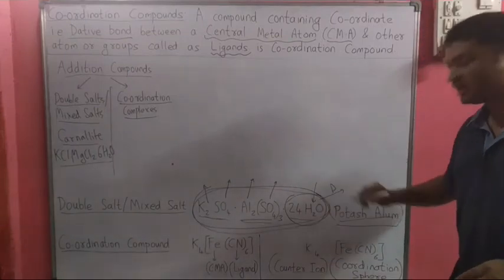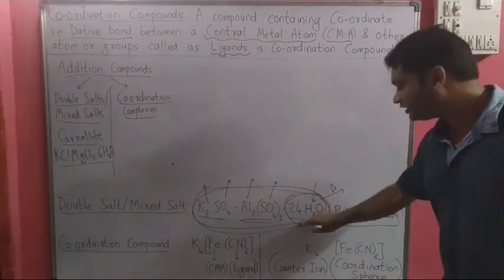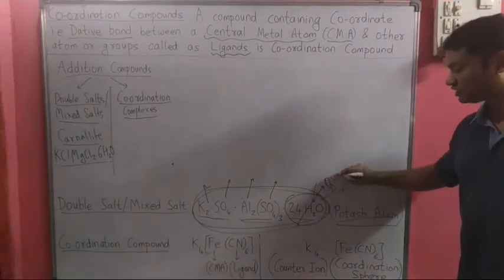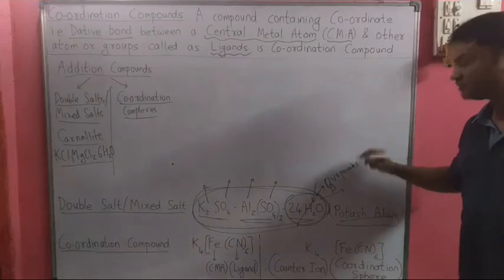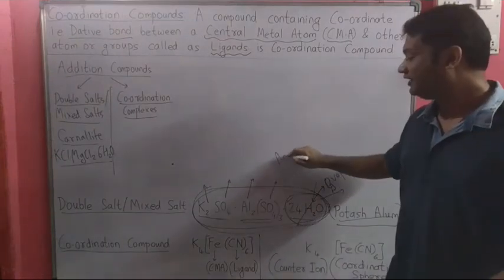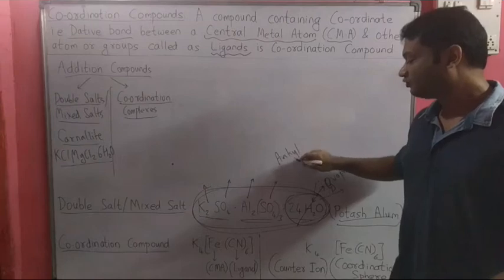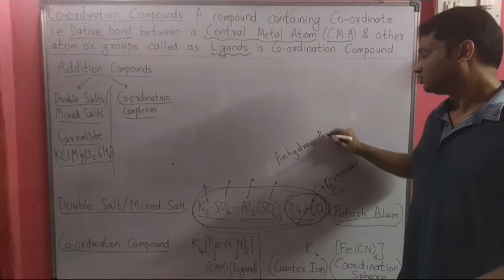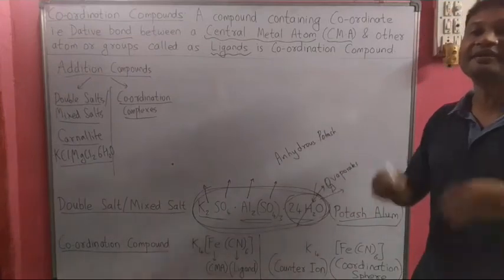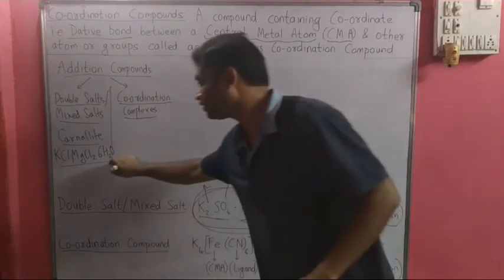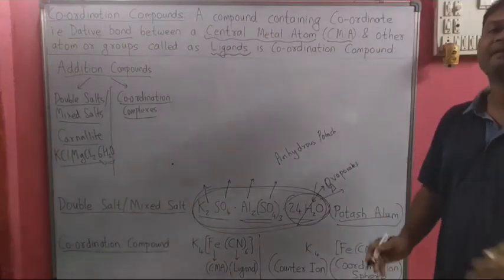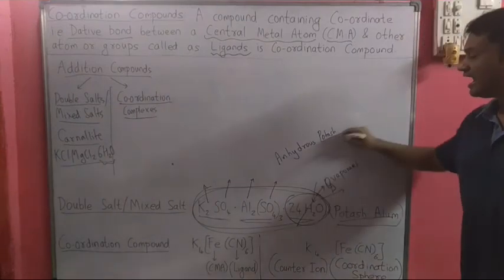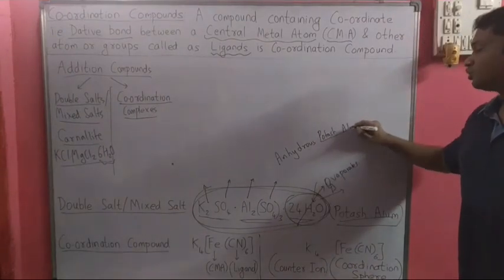If I heat this potash alum, the water of crystallization will evaporate, and we are left with anhydrous potash alum. So whenever we heat a double salt which has water of crystallization, the crystal structure will be lost and we will be left with anhydrous salt.